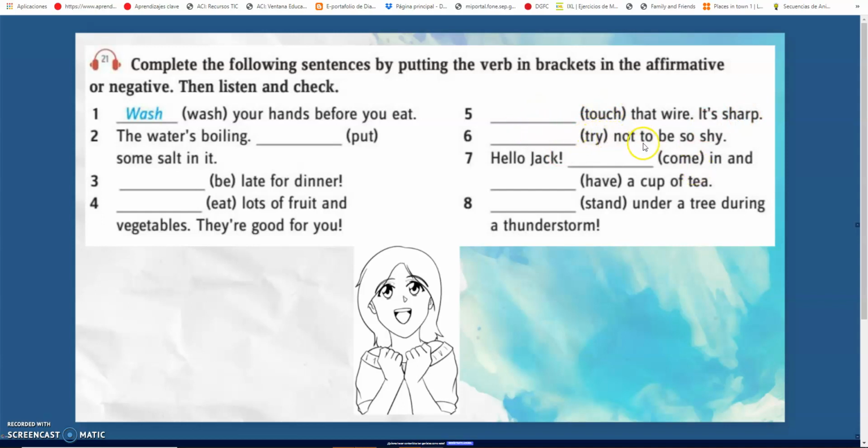Number 6, try not to be shy. Hello, Jack. In and a cup of tea. And number 8, stand, pararse, under a tree during a thunderstorm. En una tormenta eléctrica. Should I stay under a tree or not?